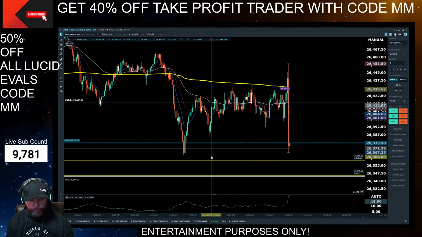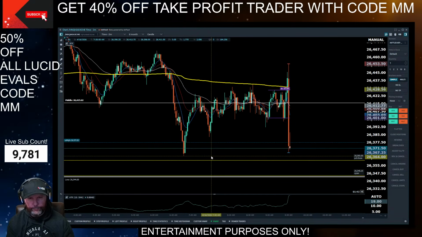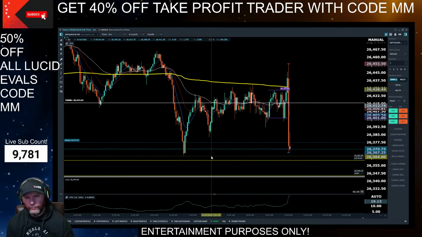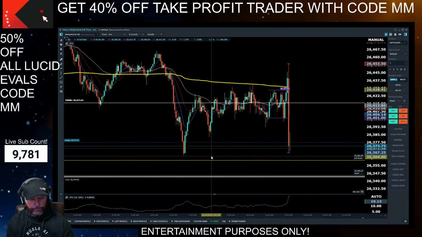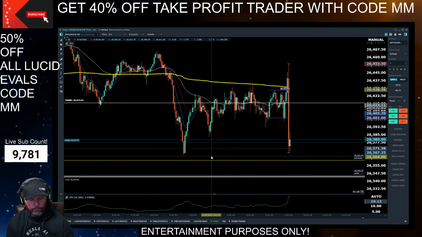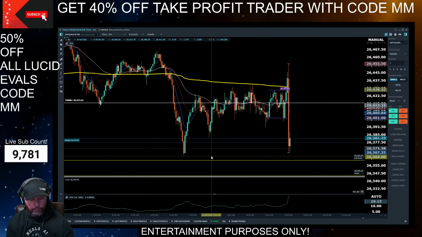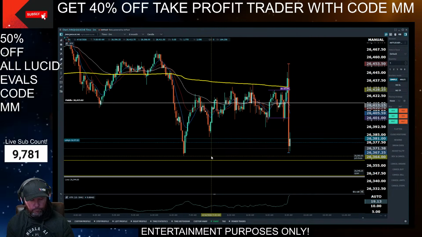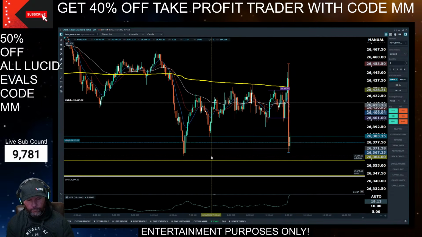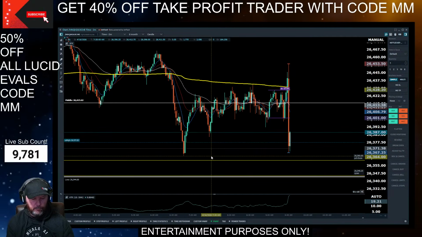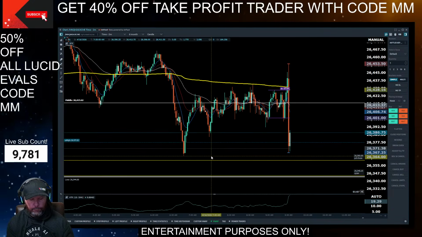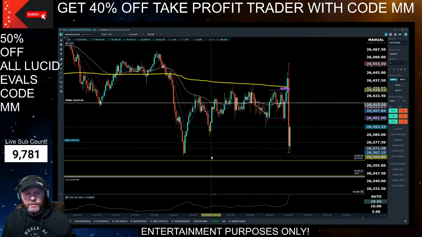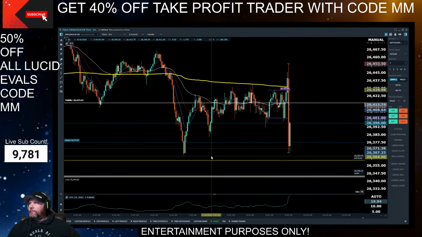I don't think it's horrible. All right, I wanted to see us kind of run into the previous day close there, maybe sweep that gap. Let's go, Neo. Nice trade.